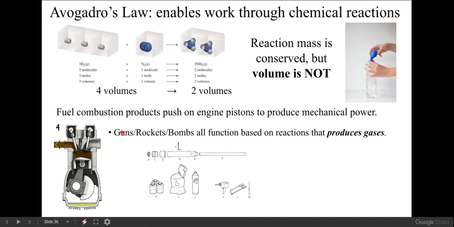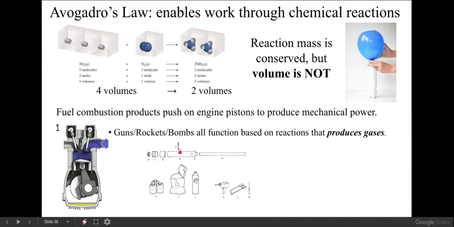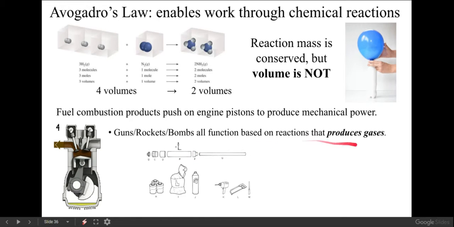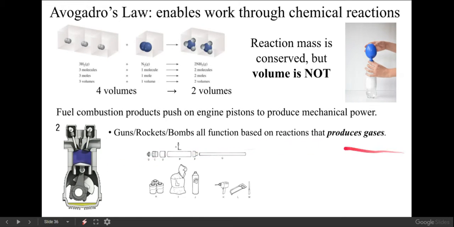And it can just cycle again and again and again. But anytime we talk about guns, rockets, bombs, anything where work is done because of a chemical reaction, it's because it's producing gases. Here's a makeshift potato gun. You put a fuel like hairspray in, then you ignite it. The reactants react to make more gaseous products, and it expands to increase the pressure, and then bam, it goes blasting out.